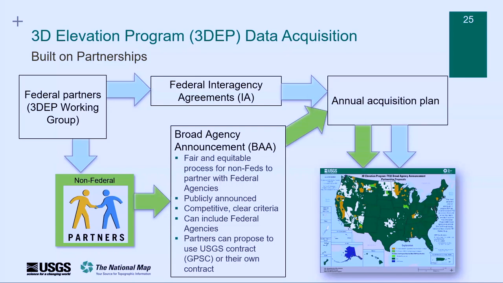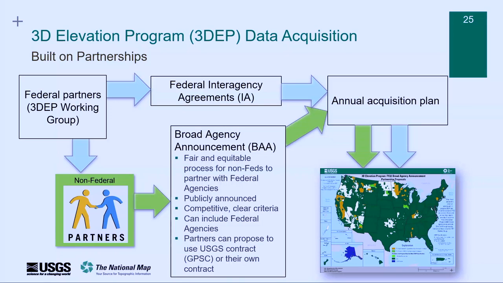Since its inception, 3DEP has been built on partnerships, a really important theme of the program. There are two primary paths for LiDAR data acquisition via 3DEP. The first is that the USGS and other federal agencies may partner directly through interagency agreements.